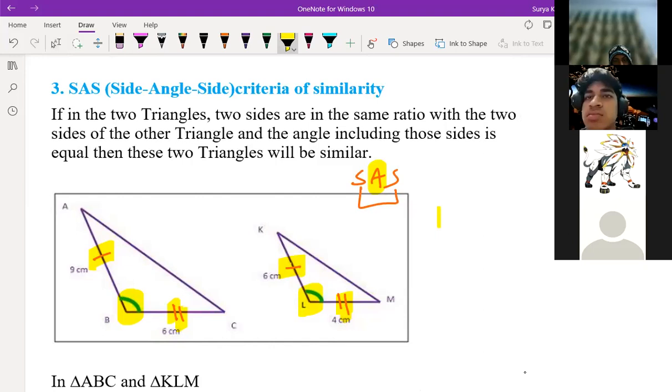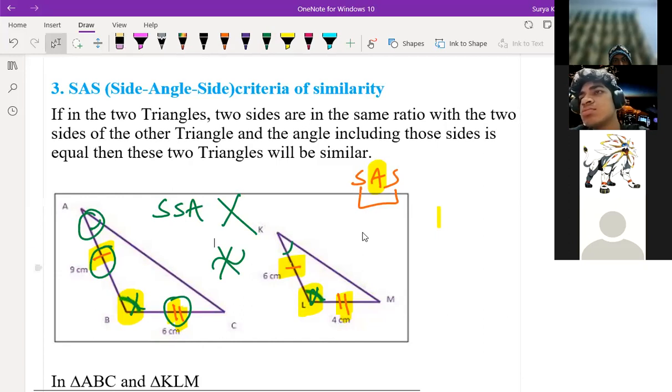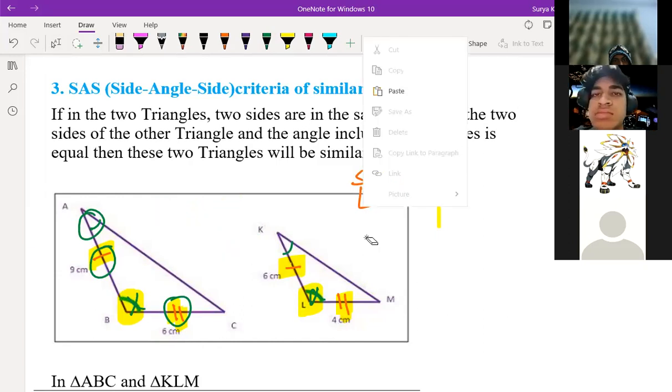If they had not mentioned this one, and mentioned this other angle instead, could these two triangles be similar? No. Okay, children, this becomes side, side, angle. So this is not a part of similarity. Are you getting my point? Yes, sir.